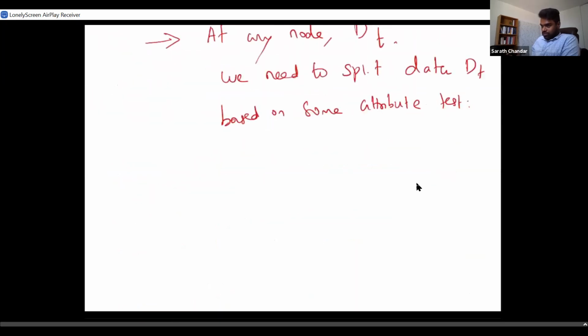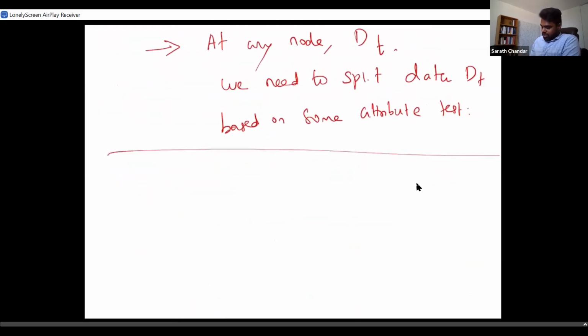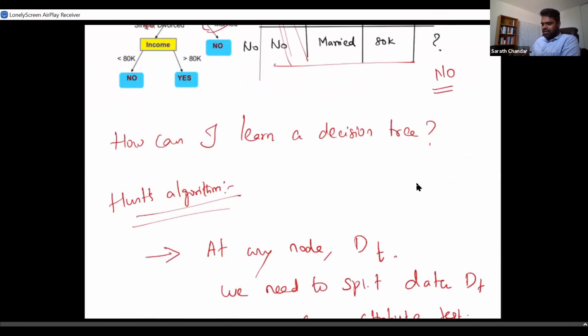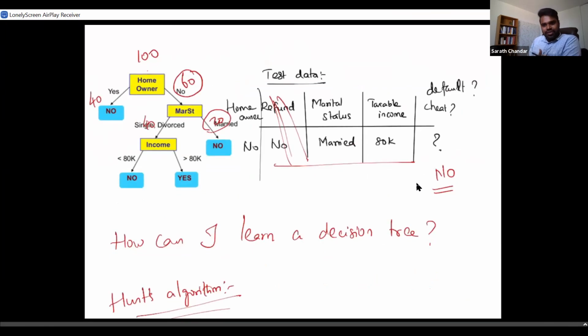Now the crucial question in this algorithm is how to split the data, right? Who tells me that homeowner is the first feature that I should consider? Why not start with marital status, or why not start with income, right?